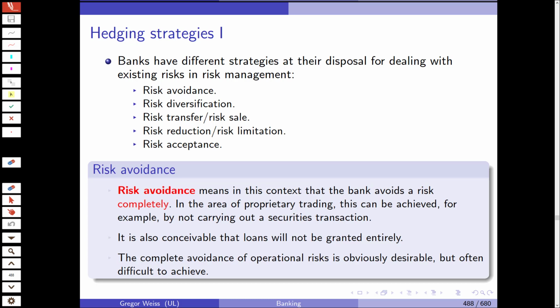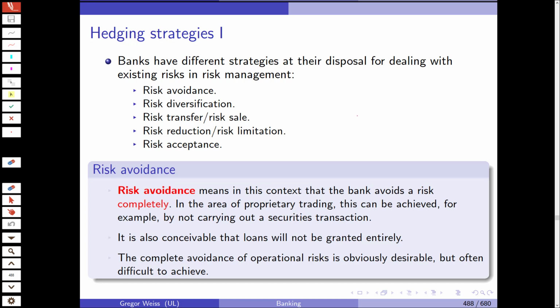This could also be done in commercial banking. For example, if you deem a borrower to be too risky, you can simply say, okay, I'm not granting you a loan. I'm not entering a loan contract with you because you pose too high a risk for me as a bank.